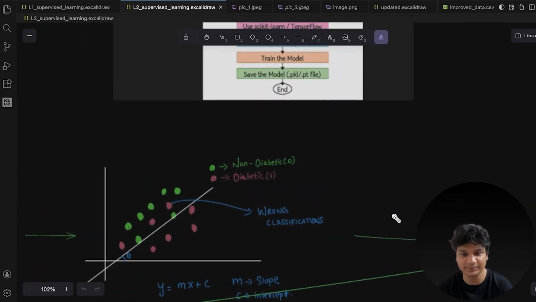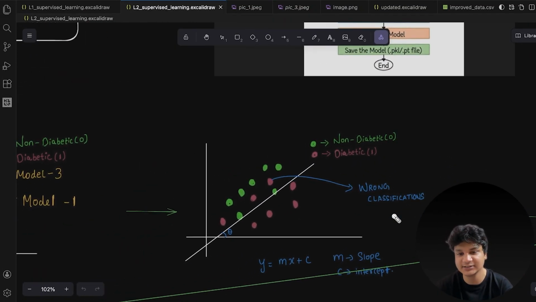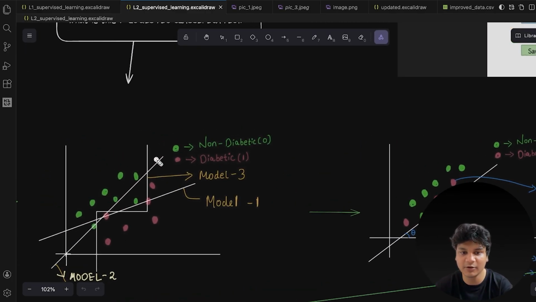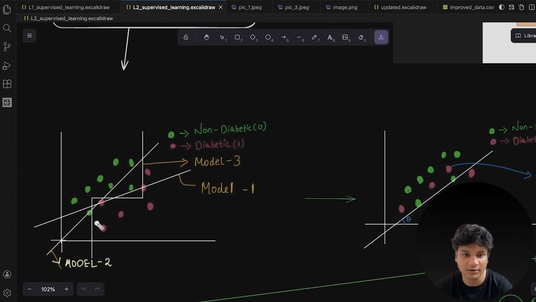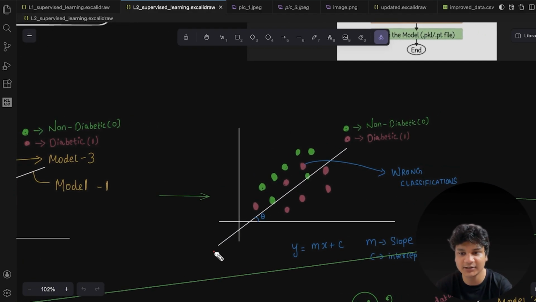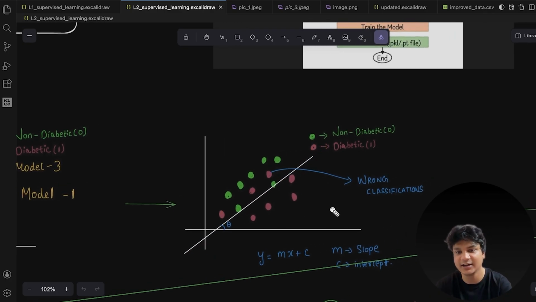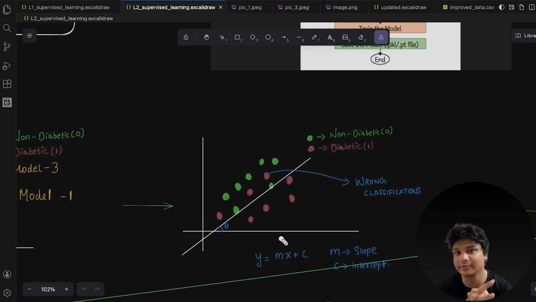Now let's understand this part. Some of these lines are doing the wrong classification, like line number 2, but it looks like a very clean line. Agree? So can we just train this line only?